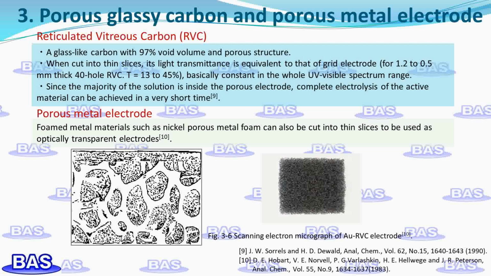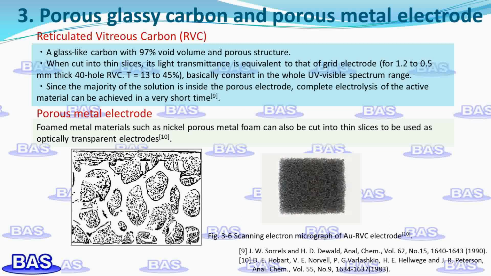For 1.2 to 0.5 mm thickness with 40 holes, the light transmission is 13 to 45%. It is essentially constant throughout the UV-visible spectrum, and can achieve complete electrolysis of the active material in a very short time because the majority of the solution is inside the porous electrode. Such electrodes are fragile and require special care during operation.